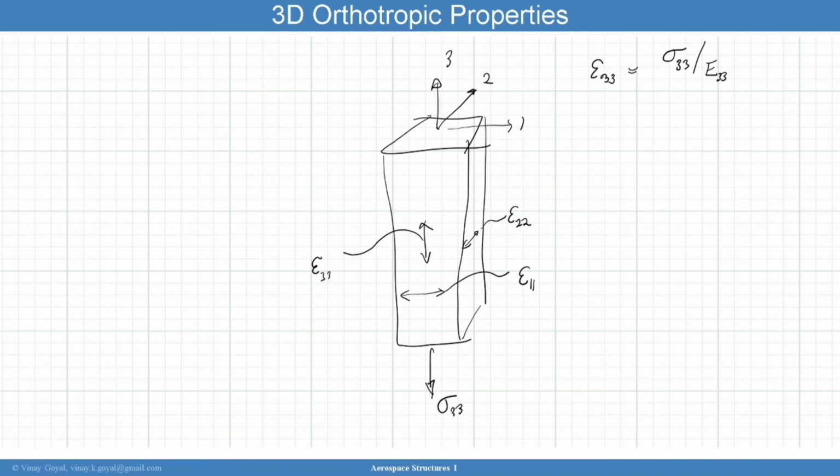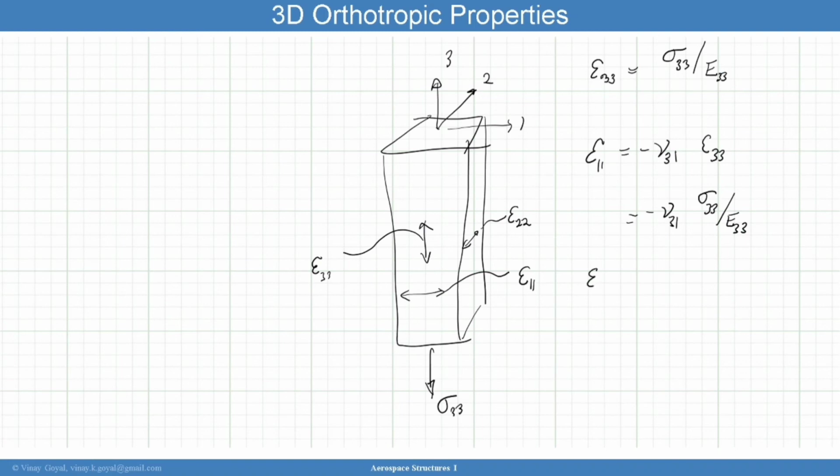So then I'll calculate epsilon 1, and that strain epsilon 1 is going to be a fraction of epsilon 3. So that's going to be a Poisson ratio. The loading is applied in 3 direction, measured in 1 direction, and I can then substitute what epsilon 33 is, which is sigma 33 divided by E33.